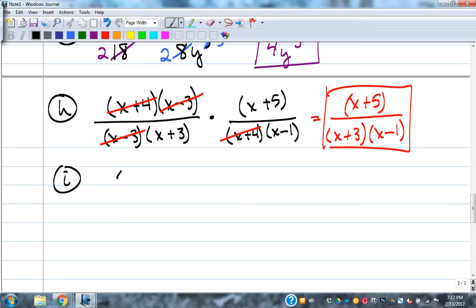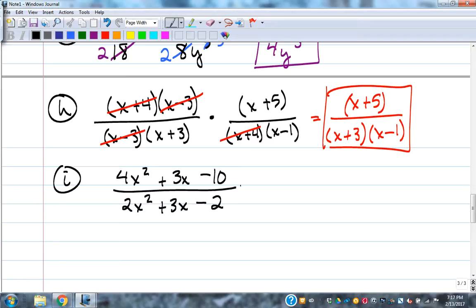Let's look at this one. 4x squared plus 3x minus 10 over 2x squared plus 3x minus 2 times 2x minus 1 over x plus 4.